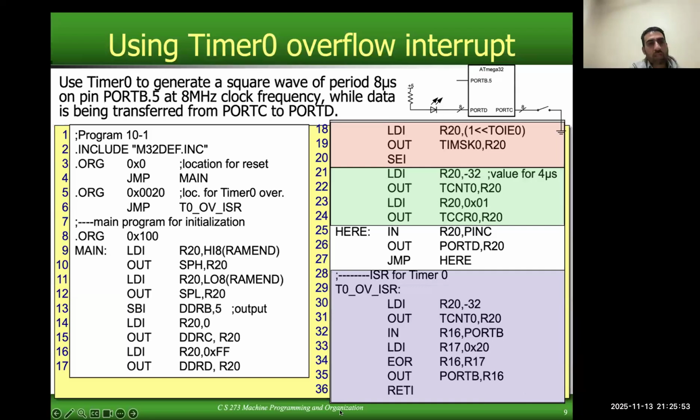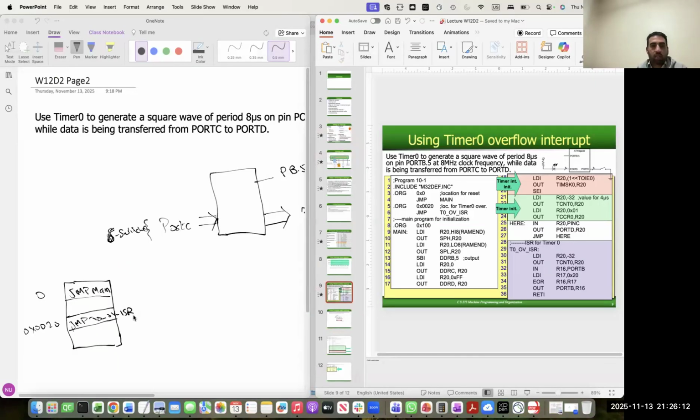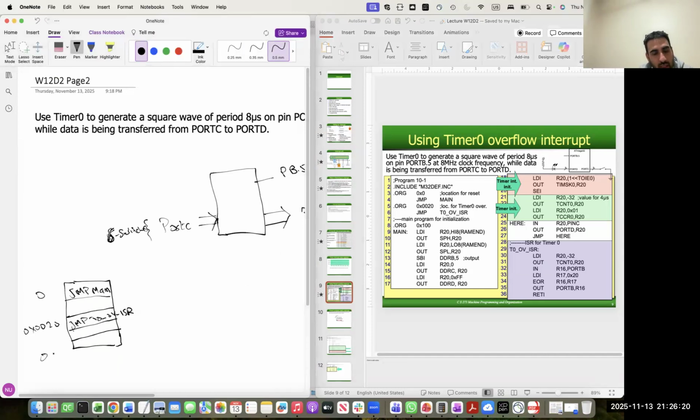Then you are saying, okay, at address 0x10, put the remaining code. Now, again, if I want to visualize, at address, let's say 0x100, you will have the first instruction which says load immediate R20, blah, blah, blah, blah. Okay.